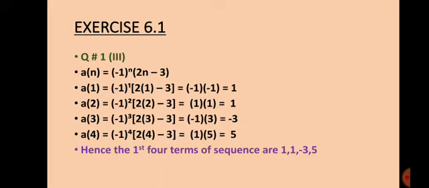In this way, students, by putting the values of n as 1, 2, 3, 4, we have got the first 4 terms of the sequence, and they are 1, 1, -3 and 5.